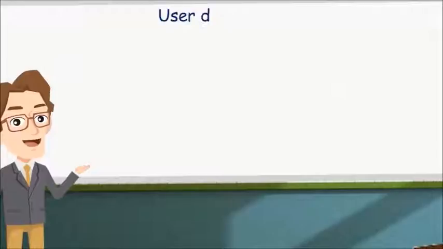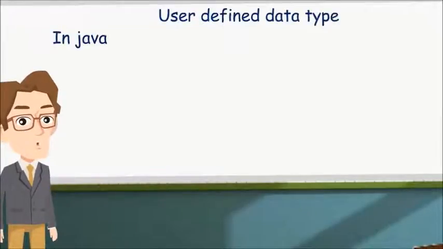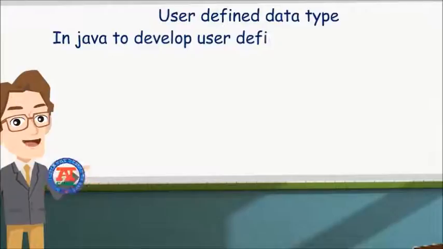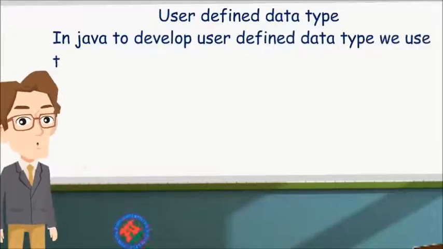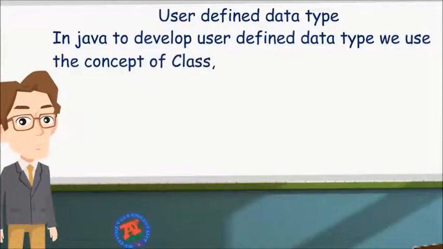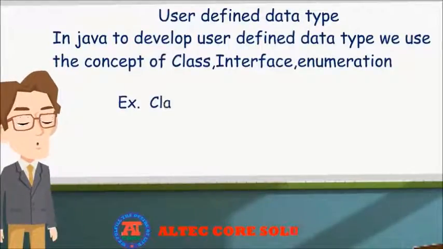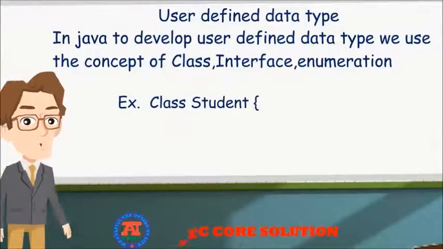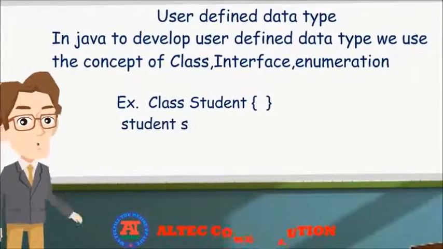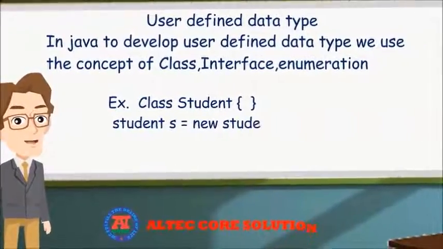And third is user defined data type. In Java, to develop user defined data type, we use the concept of class, interface and enumeration. Example, class student. So here class name is student. So student s is a reference variable.